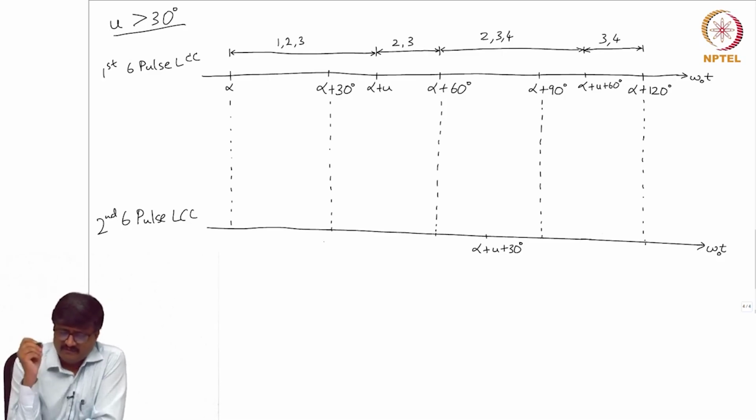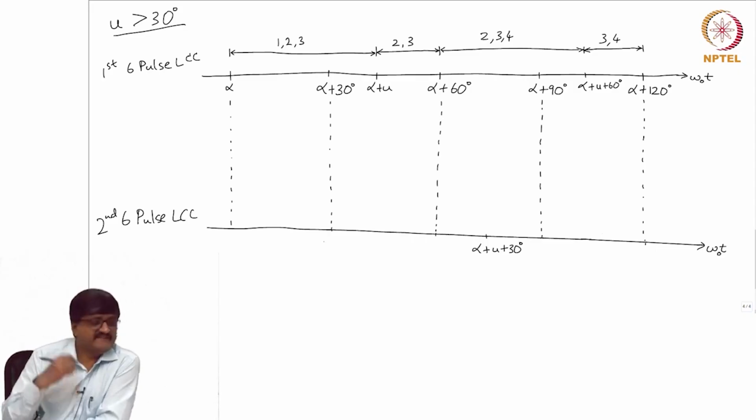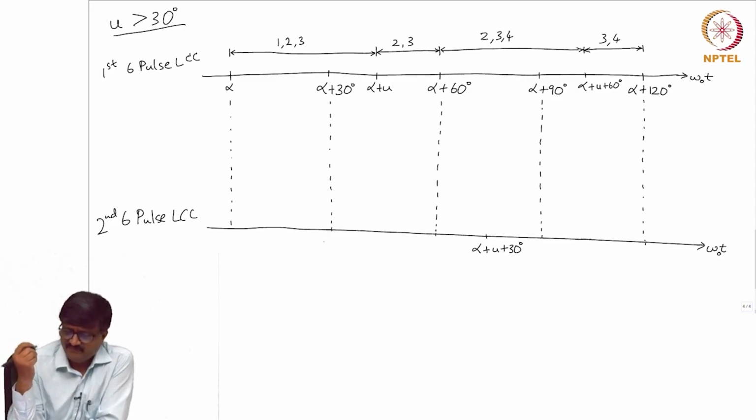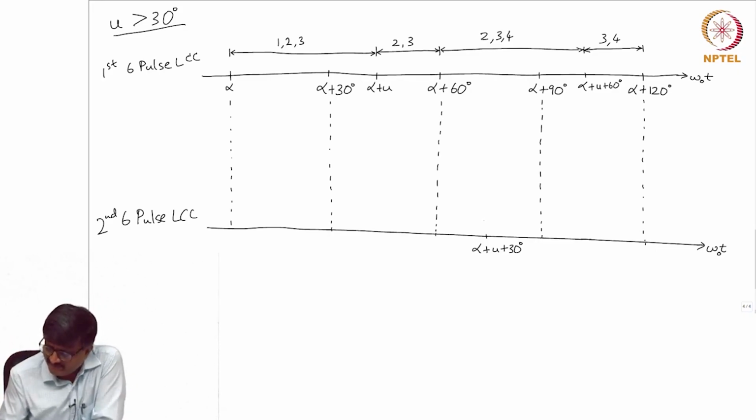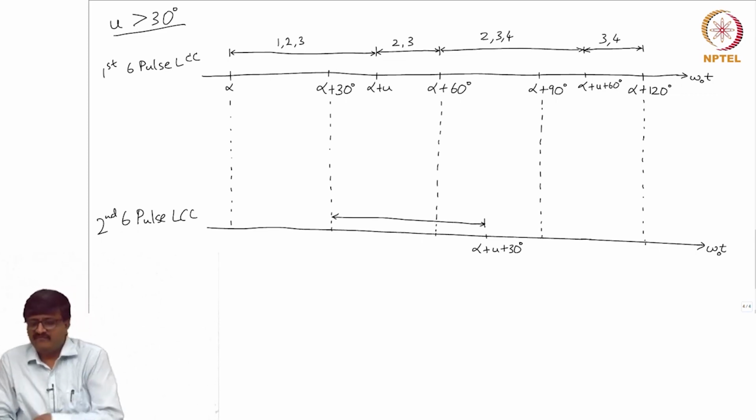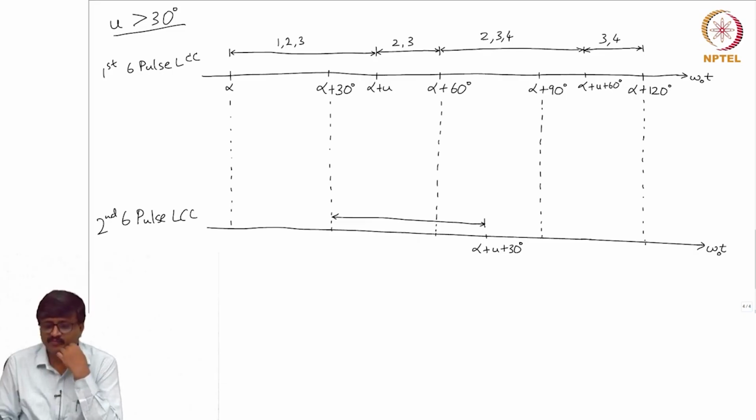So, from alpha plus 30, if I take the second 6 pulse LCC, so if I take this interval, from alpha plus 30 to alpha plus u plus 30, what are the valves that conduct?